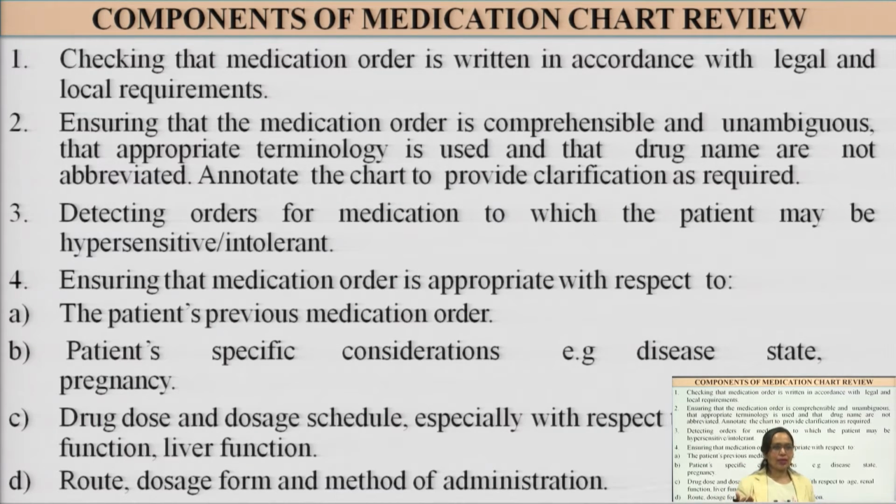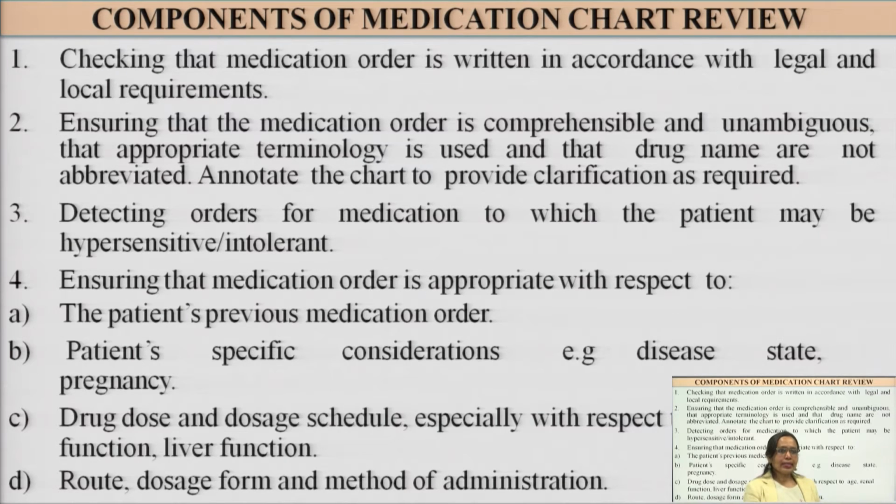So, we have to detect the orders for medication to which the individual patient may be hypersensitive or intolerant. That means there is some hypersensitivity reaction in the patient due to that medication. So, that is the thing to be detected.